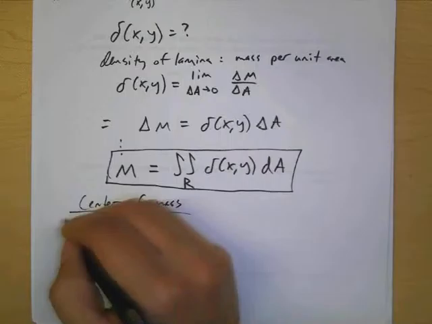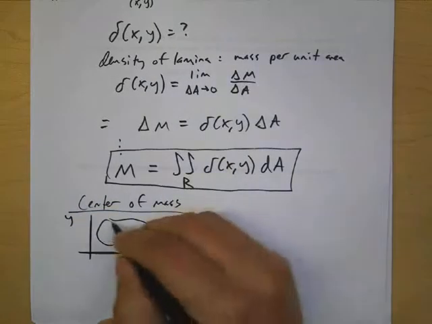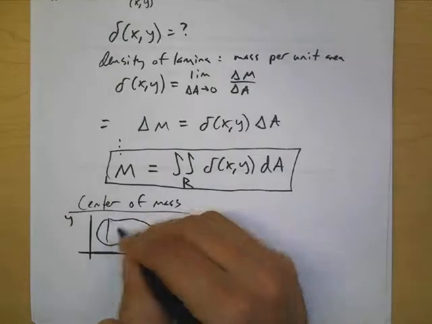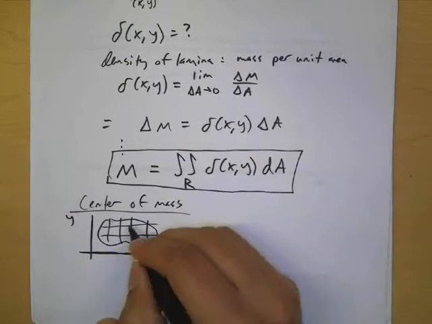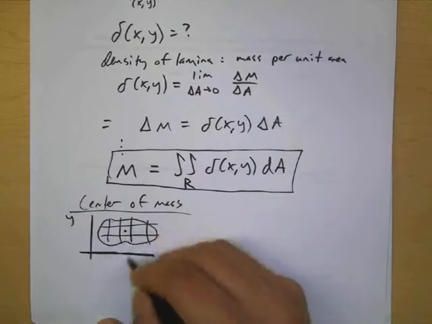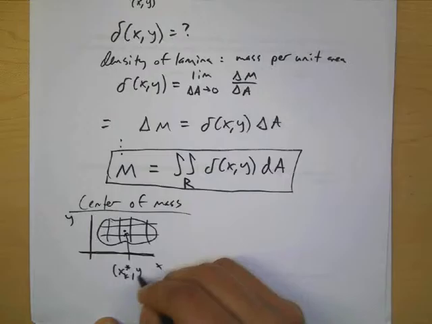Um, so let's define it. So let's just look at the xy plane. Let's look at one point, and let's call this point x sub k star, y sub k star.